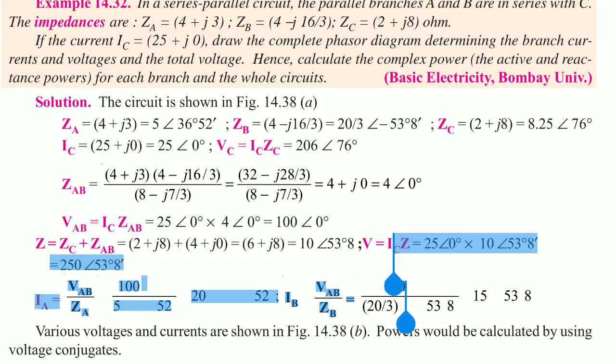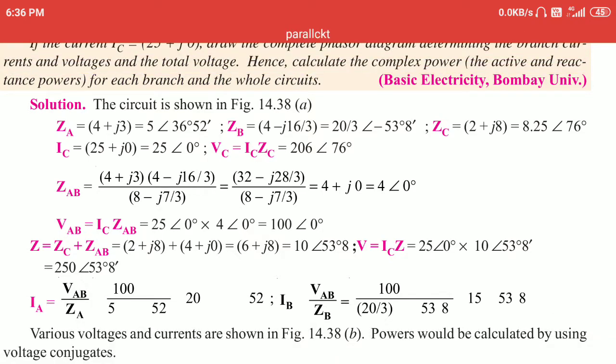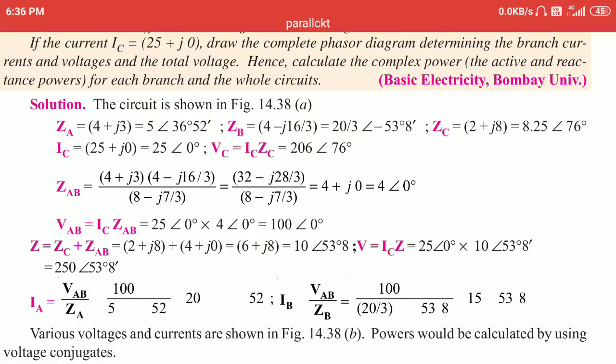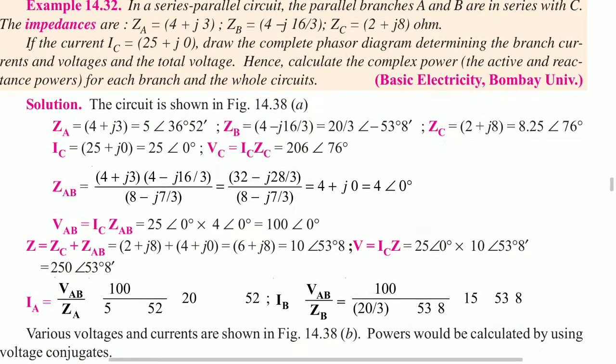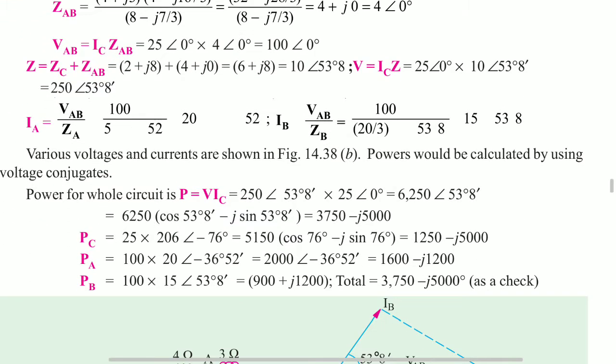Now ZB is equal to 4 minus J16 by 3, that is equal to 20 by 3 angle of minus 53 degrees 8 minutes. ZC, the branch C impedance, is 2 plus J8, that is equal to 8.25 angle of 76 degrees. So now here see the figure.